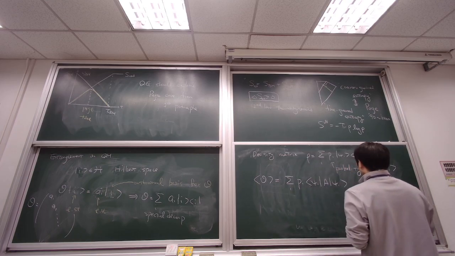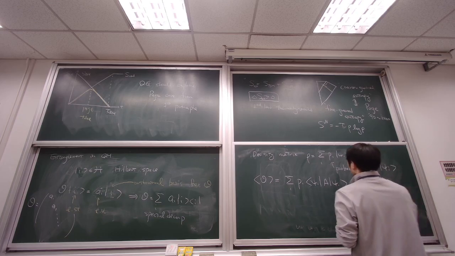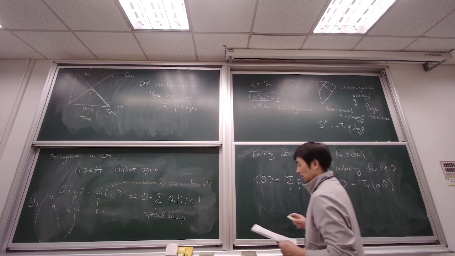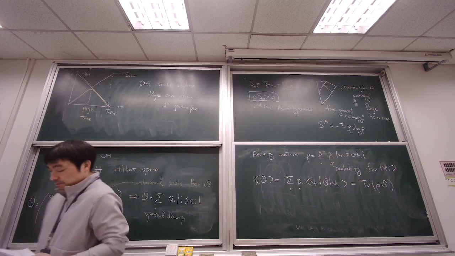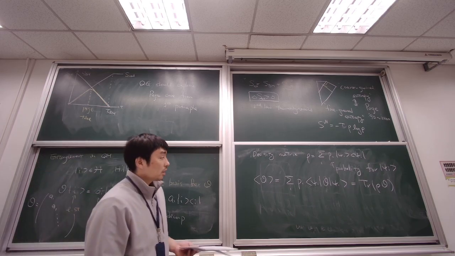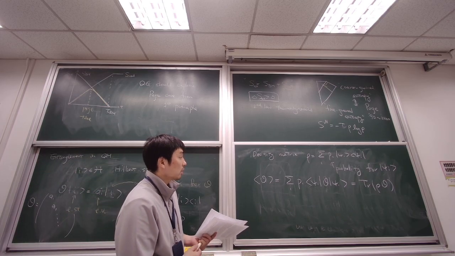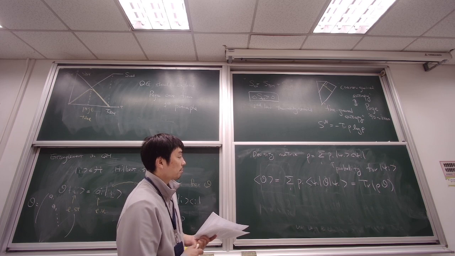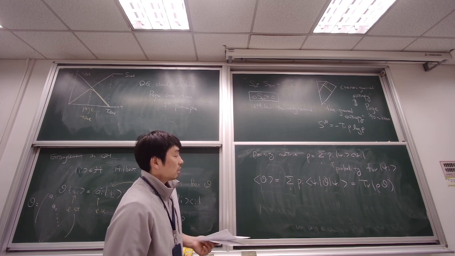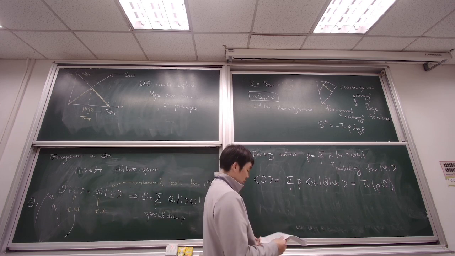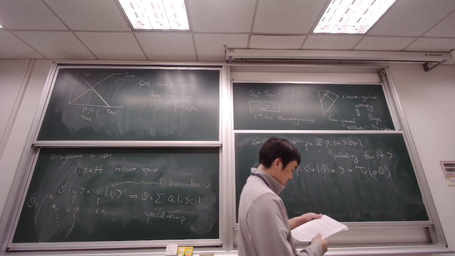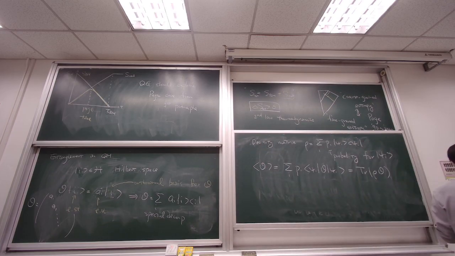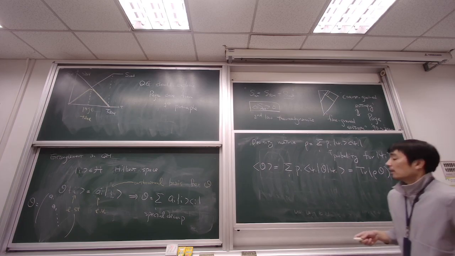This can be obtained just by the trace of rho times O. So this is how it works to evaluate the expectation value using the density matrix. Okay, fine.